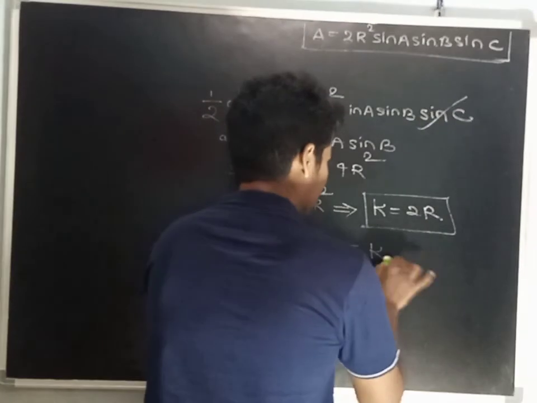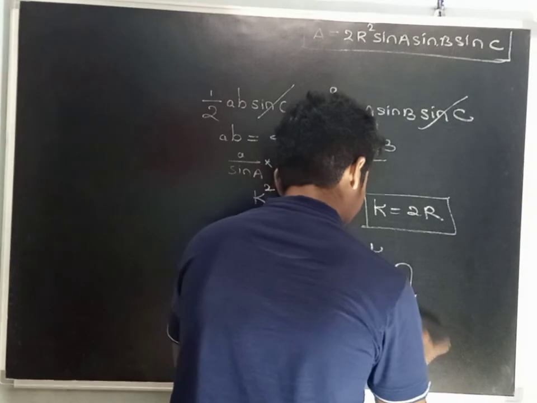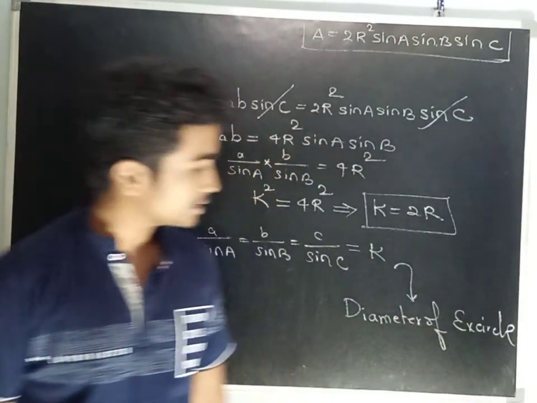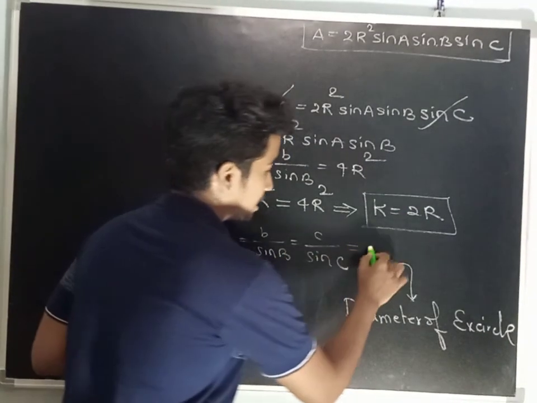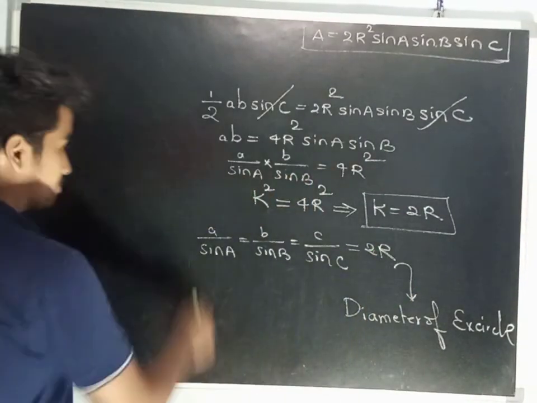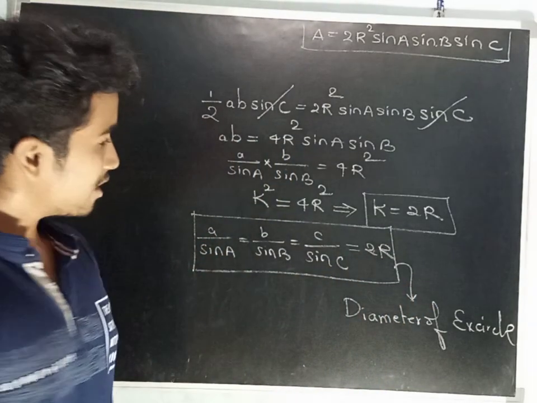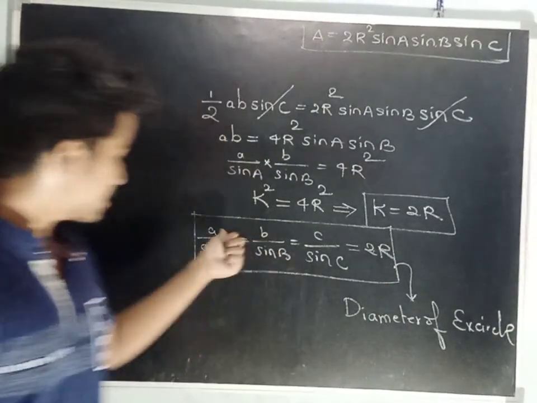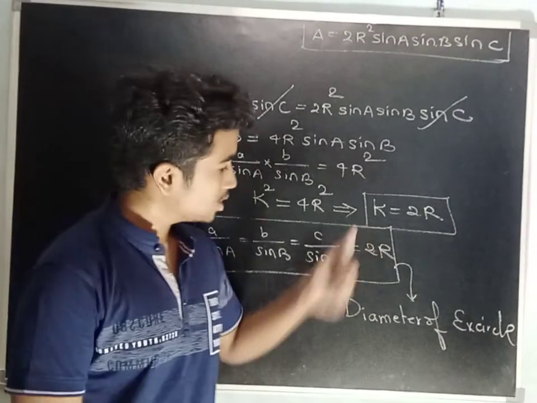Is equal to K. This K says the diameter of the circumcircle. K is nothing but 2R. Here is a new thing. Instead of K, we have got another simple term, that is 2R. a by sin A is equal to b by sin B is equal to c by sin C is equal to 2R.